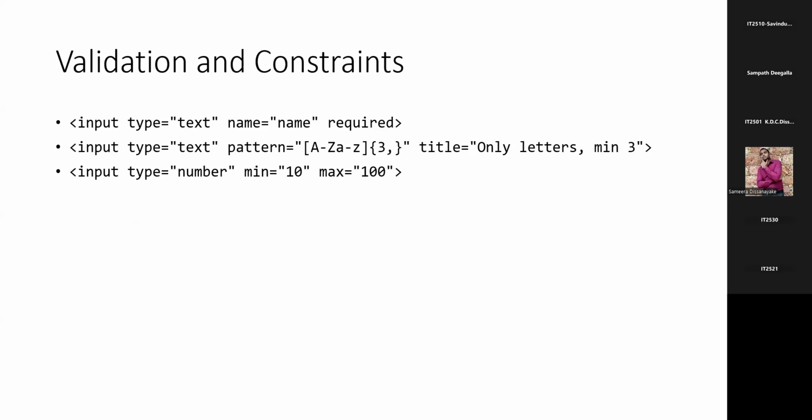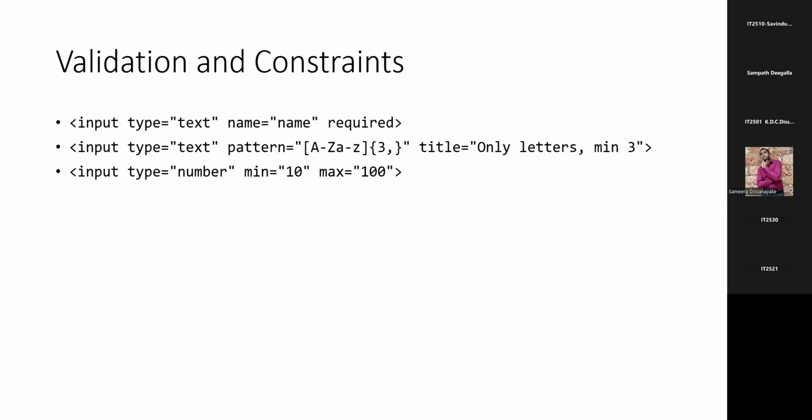Now, the next one is we can force validation. Validation means that, right now, the user can submit the form even without any value. But if you type required, you might have noticed that with some forms, when you submit without any value, you can't submit it.